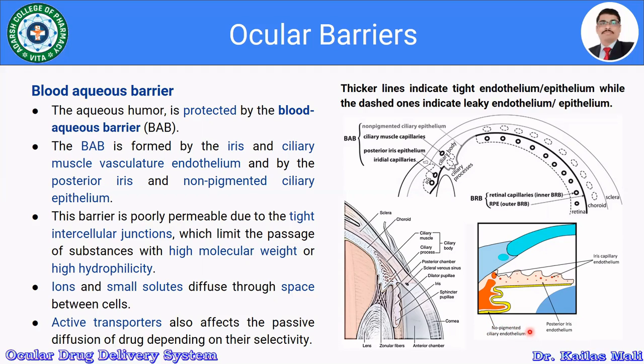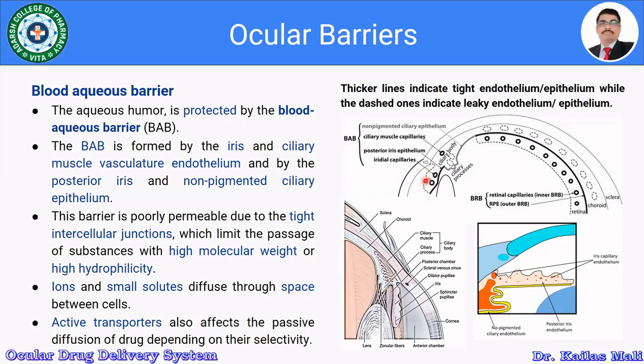The barrier is poorly permeable due to tight intercellular junctions, which limit the passage of substances with high molecular weight or high hydrophilicity. Ions and small solutes diffuse through the space between the cells. The active transporters also affect the passive diffusion of a drug depending on their selectivity.